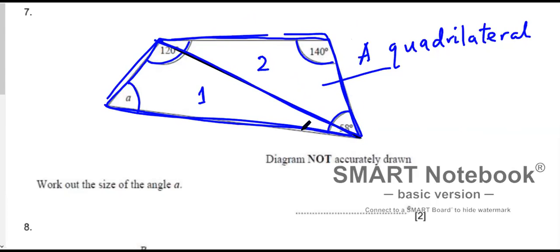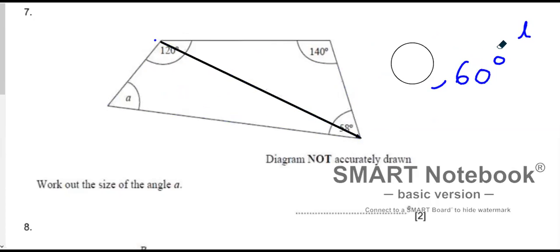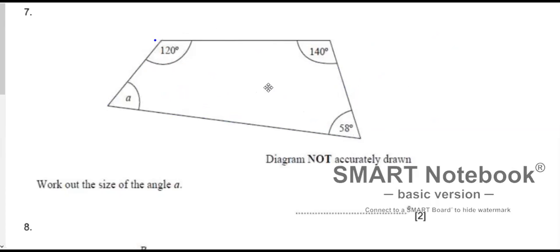So in each triangle we have a total of 180 degrees, so when you add 180 degrees and 180 degrees, you'll get a total of 360 degrees. Now, what does it mean? It means that all angles inside a quadrilateral add up to 360 degrees.